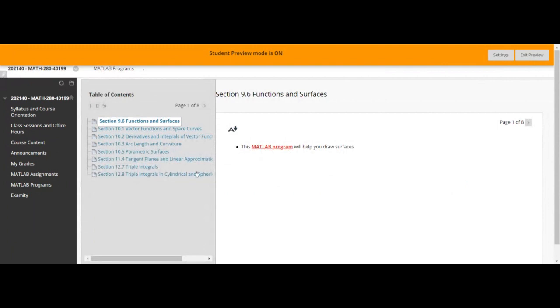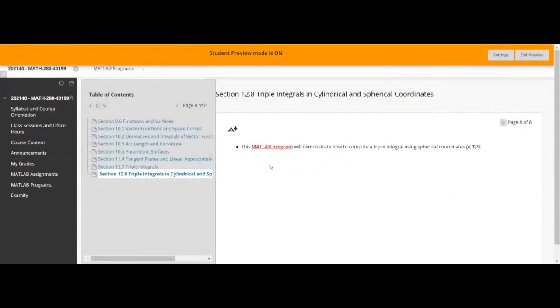Click here, and then section 12.8, there's a MATLAB program that will help you do a triple integral using spherical coordinates. Now, I don't have one there for cylindrical coordinates, but obviously you can figure that out. But let's look at this problem that we just did with this program. Click on that link there to get the MATLAB program to be brought up. Section 12.8.